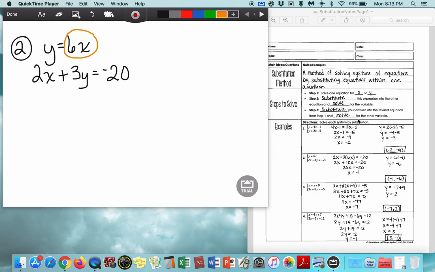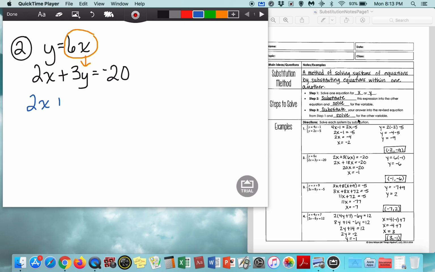So the y is by itself, and I can go to the other equation and substitute 6x in for the y.